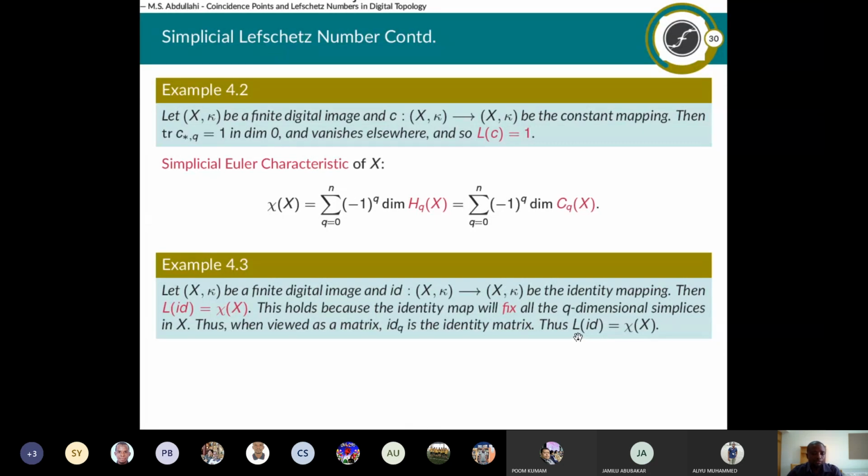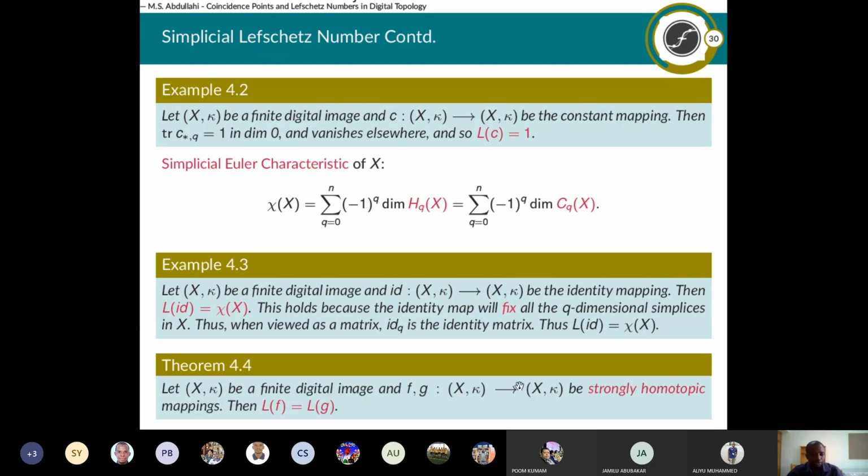Thus the Lefschetz number equals the Euler characteristic of X. And this result tells us that if we have two functions f and g that are strongly homotopic, then they will have the same simplicial Lefschetz number. In other words, the simplicial Lefschetz number is a strong homotopy invariant.